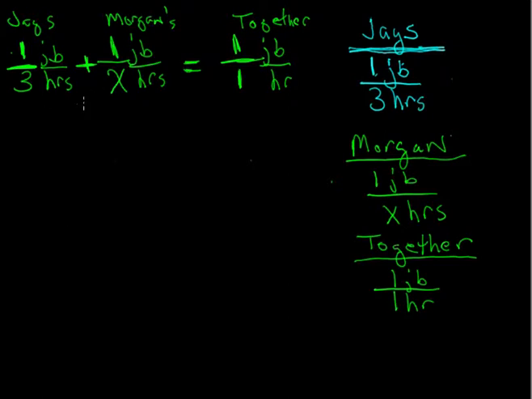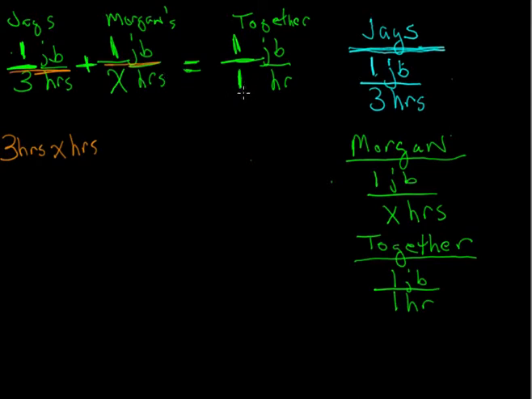Now, this is fractional with our variable in the denominator, but we can take our common denominator. So we have in the bottom of this fraction here, 3 hours. In the bottom of this fraction here, x hours.